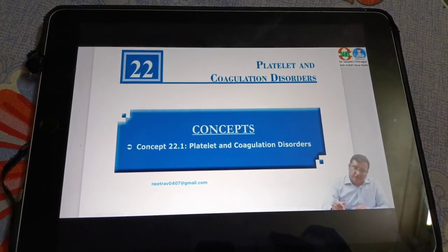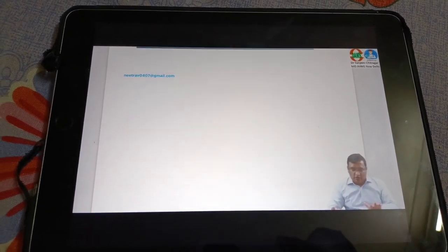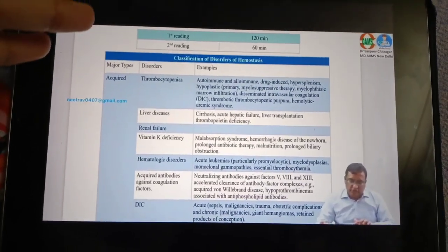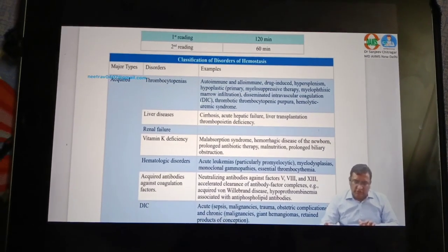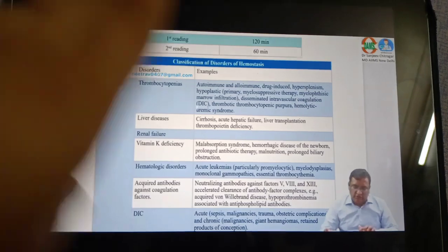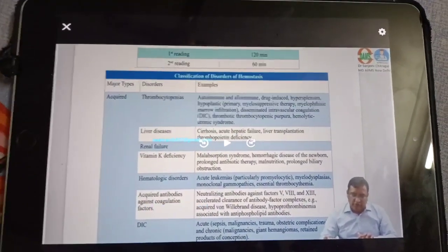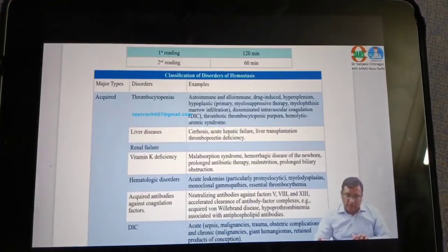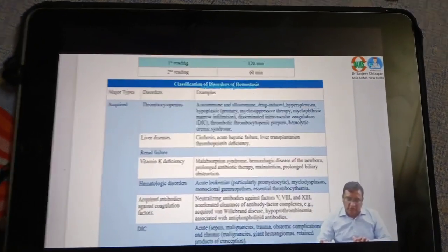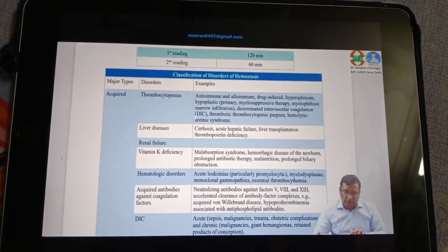So let's have a look at the platelet and the coagulation disorders now. This is a concept book, as I started with disorders of hemostasis, bleeding disorders. This is the talking concept book where sir is explaining the things given in the concept books, not in a detailed way because that was covered in the lectures, but an overview for revision purposes.